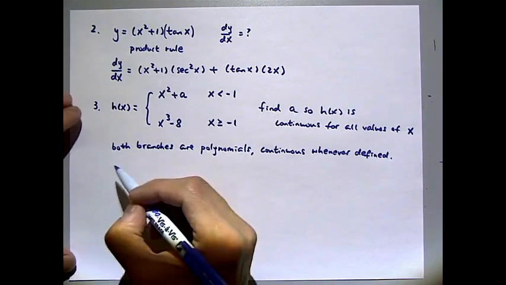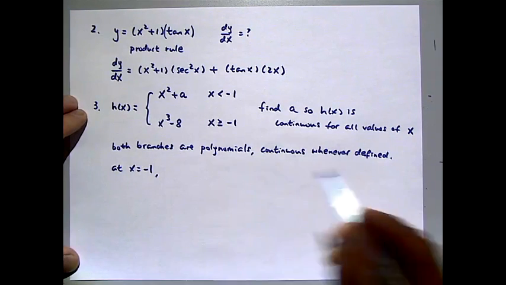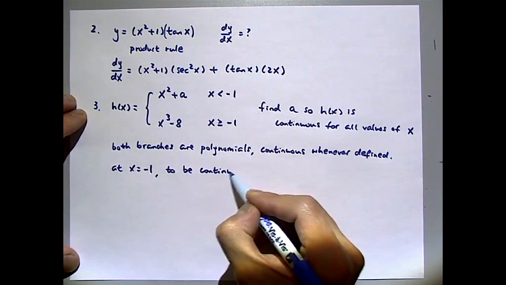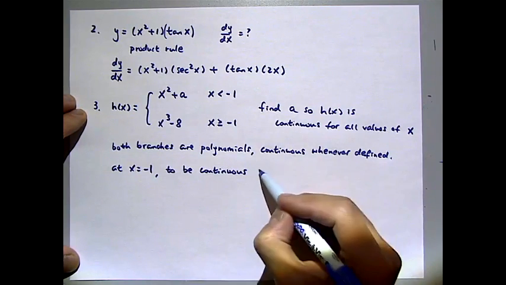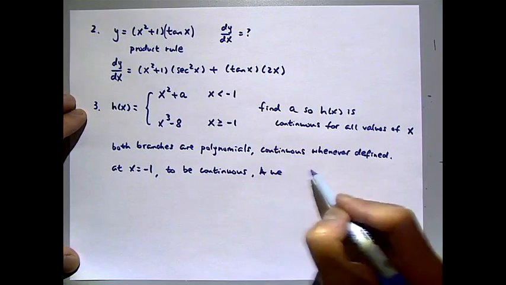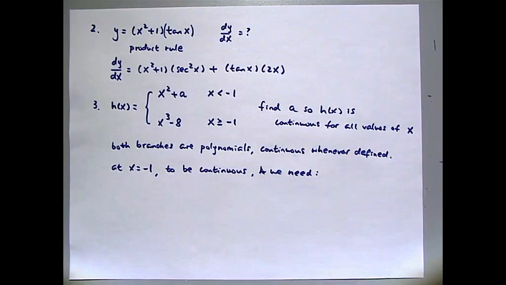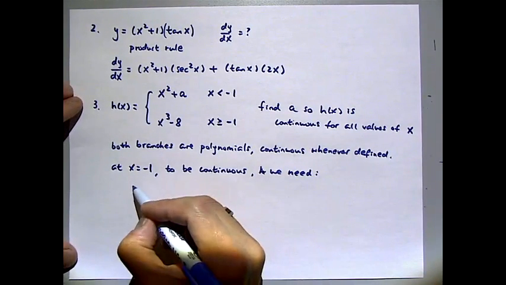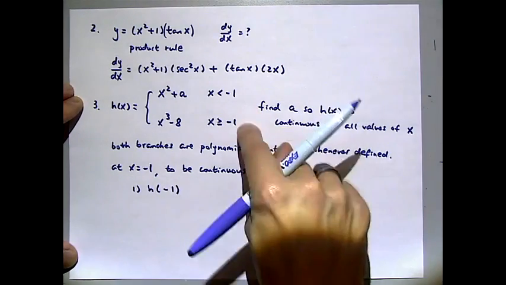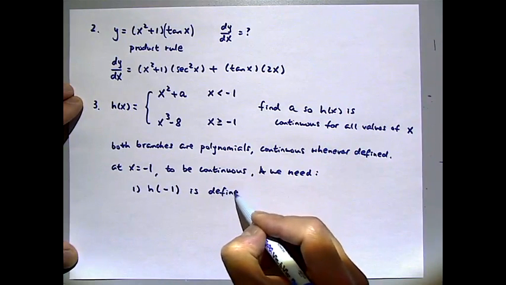At x is equal to minus 1, for h to be continuous, we'll need 3 things to happen. First, h of minus 1 at the breakpoint here has to be defined.